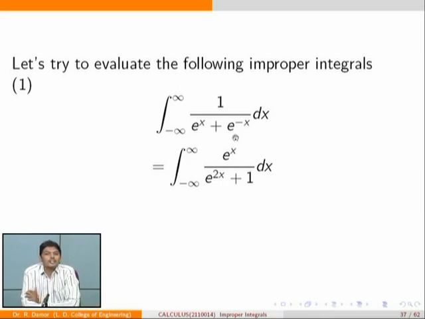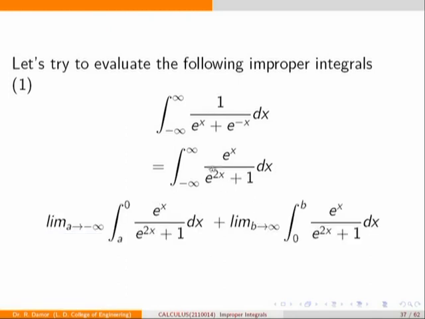It can be rewritten with e raised to minus x, which is nothing but 1 upon e raised to x; multiplying by e raised to x, this becomes e raised to 2x plus 1, and the e raised to x goes to the numerator. So this is e raised to x upon e raised to 2x plus 1 dx. This slight modification will give a good result, and we can find the value of this improper integral using the improper integral method.